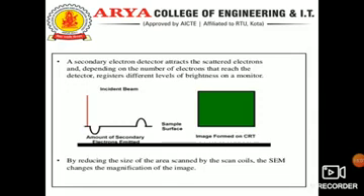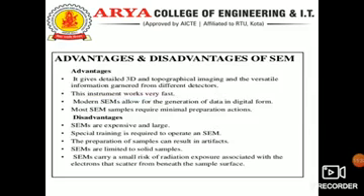In this diagram, we can see the incident beam and the sample surface, and finally the image formed on the CRT, cathode ray tube, by reducing the image of the area scanned by the scan coil. The SEM changes the magnification of the image.